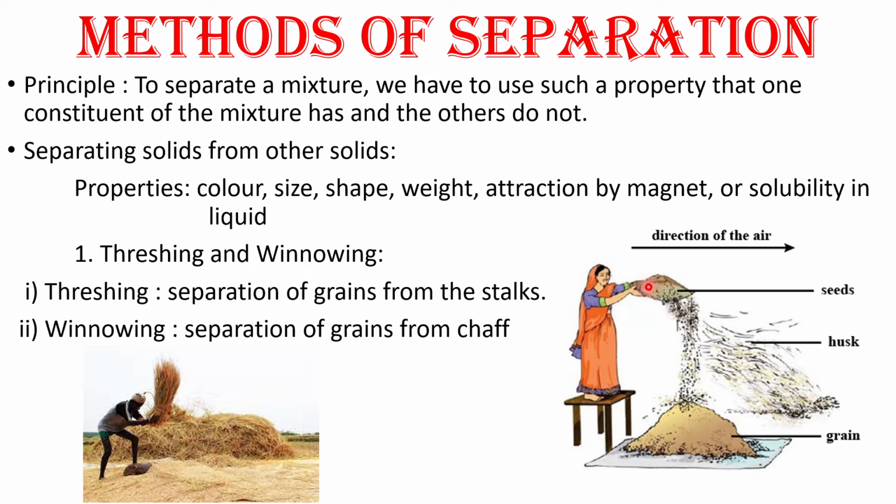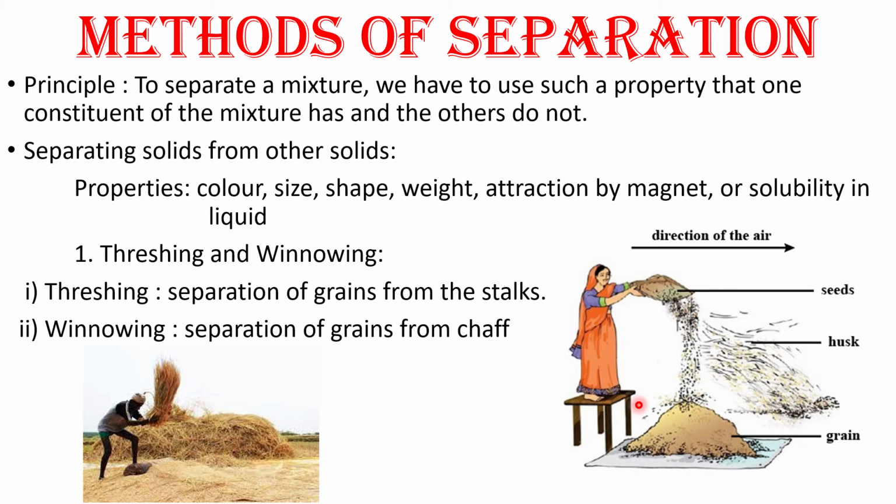When she makes this mixture fall onto the ground, since chaff is lightweight compared to grains, chaff along with wind blows away, and the seeds, because they are heavier, fall straight down on the ground. So in this way, you can easily separate grains from chaff.